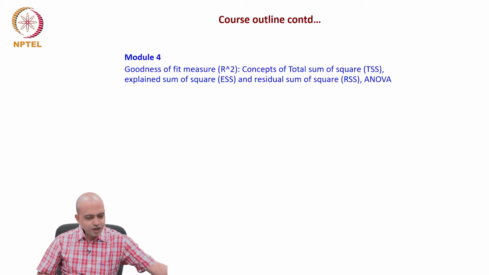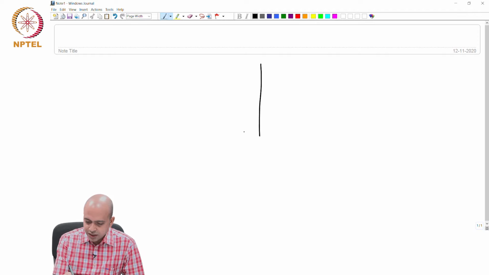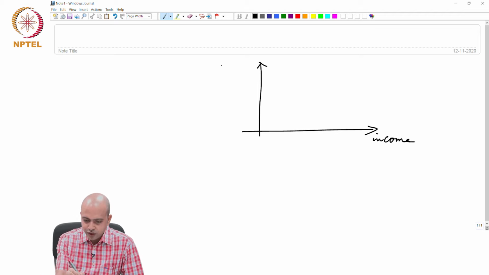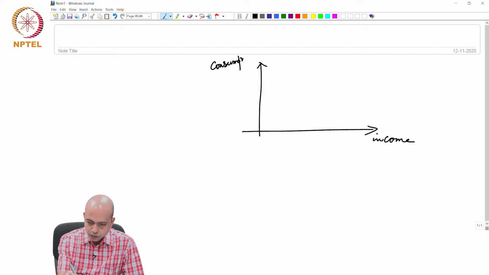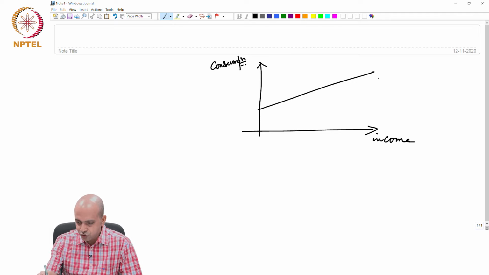For example, let us say that on the x axis we are measuring income, which is our independent variable, here it is consumption, and let us say that this is the regression line that you have estimated, which is yi hat equals alpha hat plus beta hat xi.